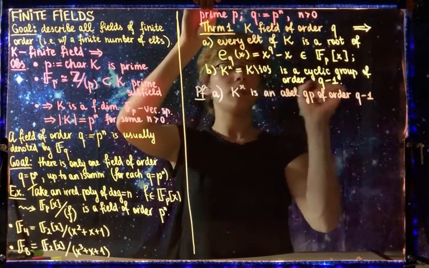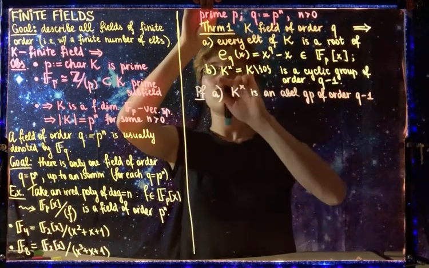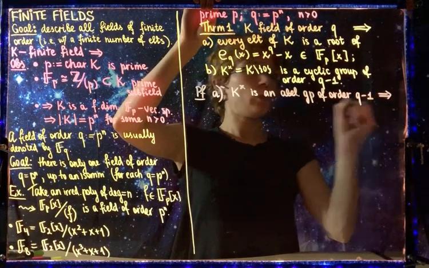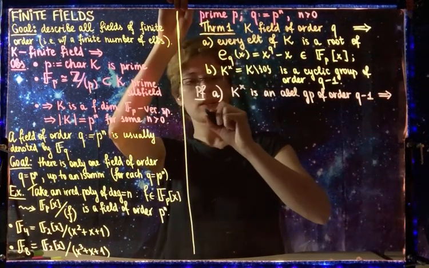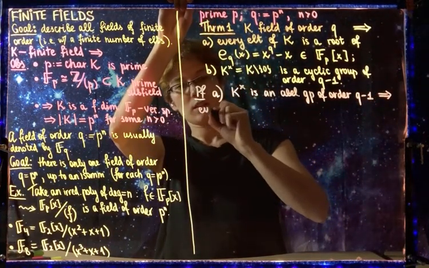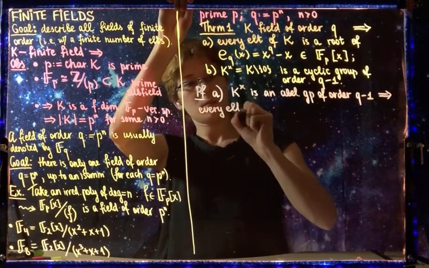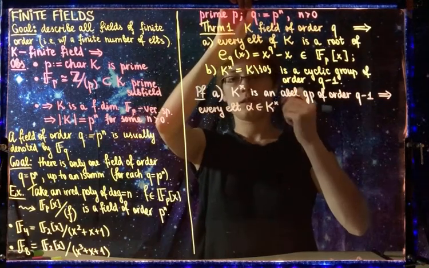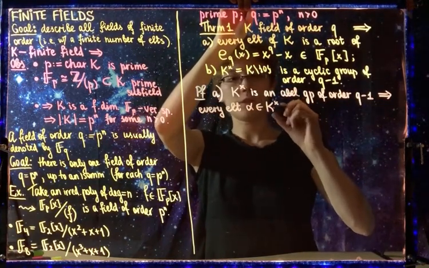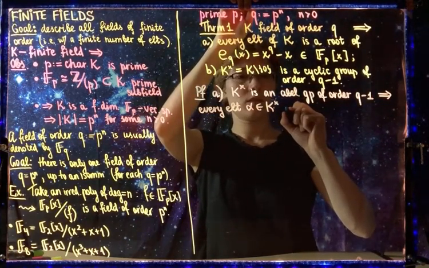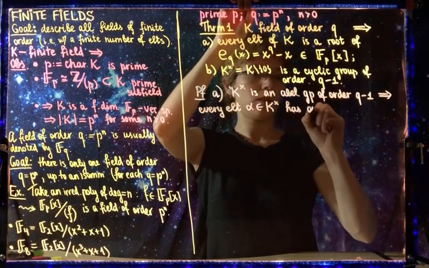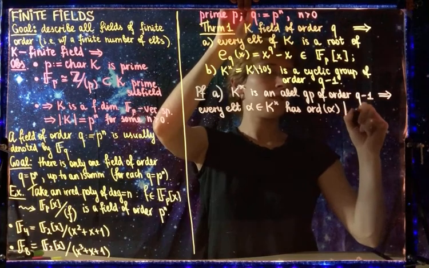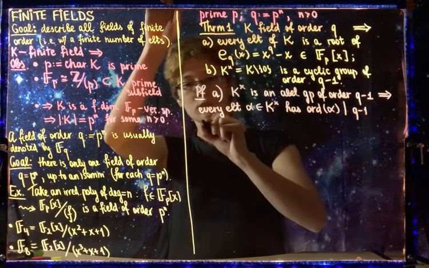So this is the easy part of the statement. In part B, which means that every element alpha in K star has that its order divides q minus 1.